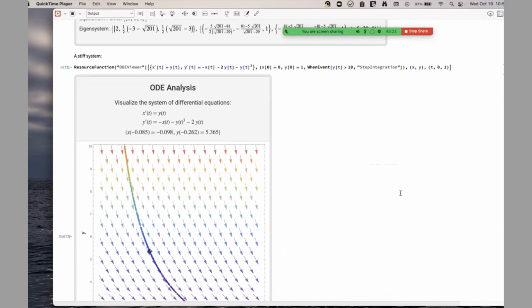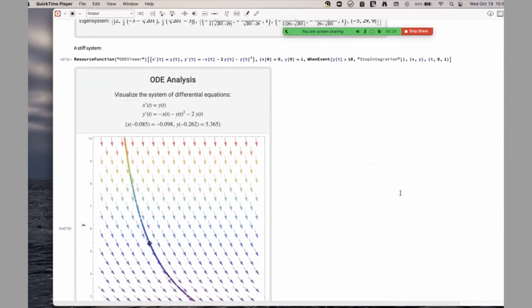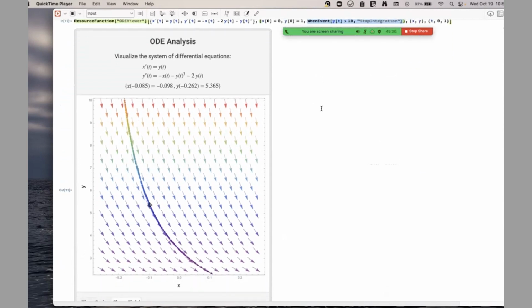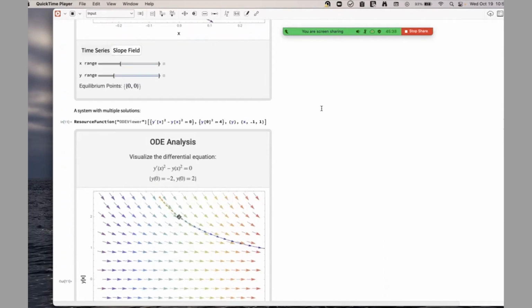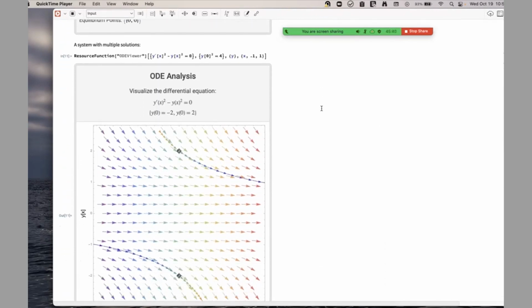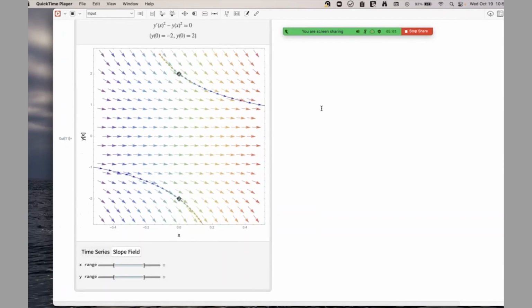This is an example of a stiff system. It's just needed to provide a condition to stop integration using WhenEvent. And finally, this is a system with multiple solutions.